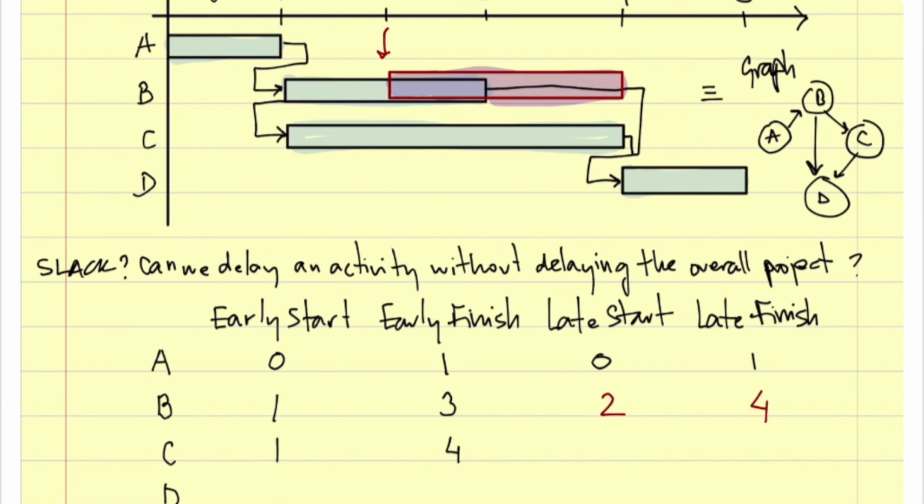Can I delay C without delaying the rest of the project?